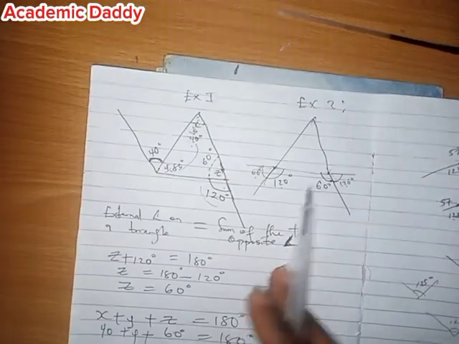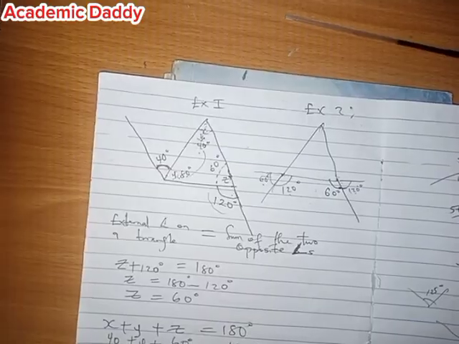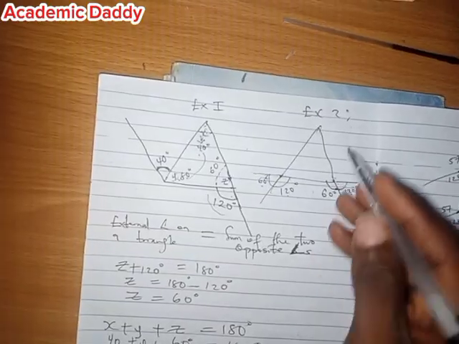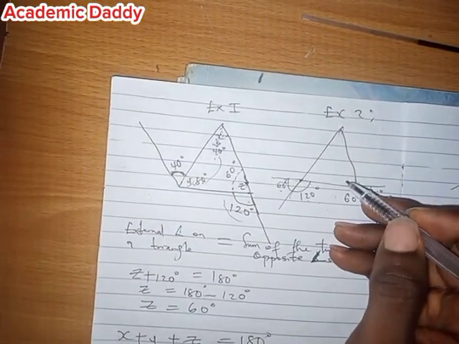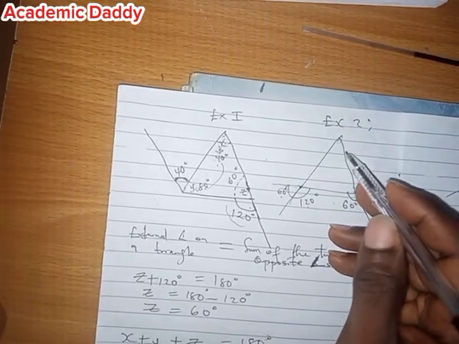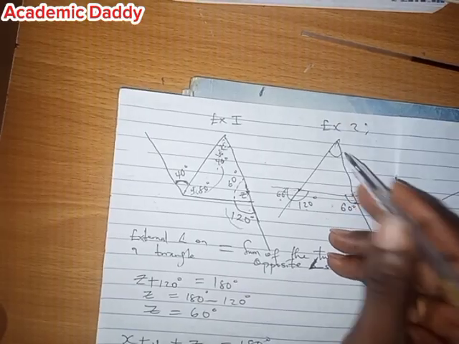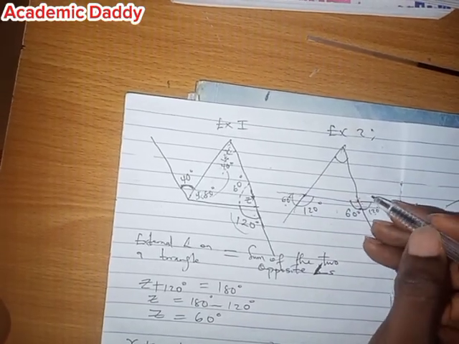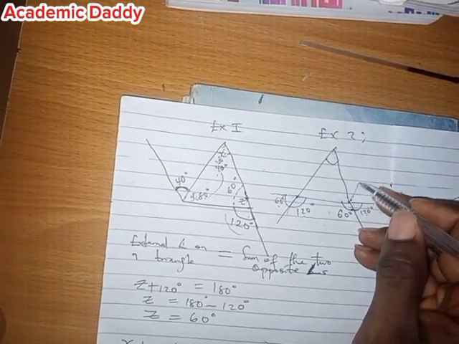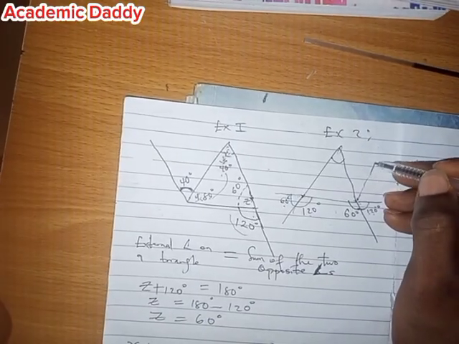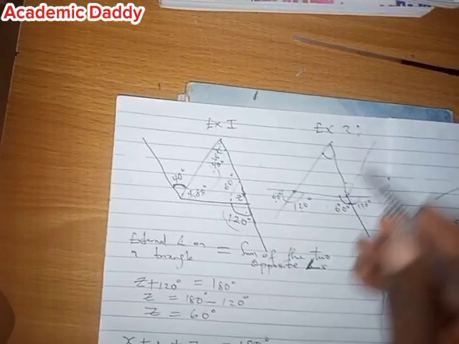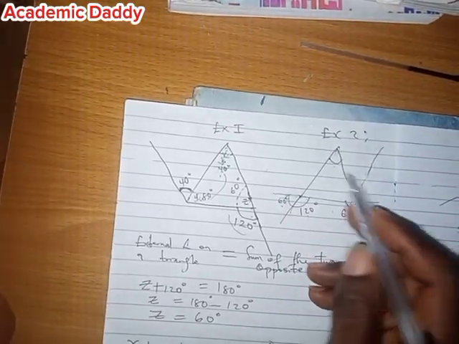So now let's check this particular one here. Let's say we are asked to find the angle here. In that case, they need to provide us with something on this, because I need to know some part of this.